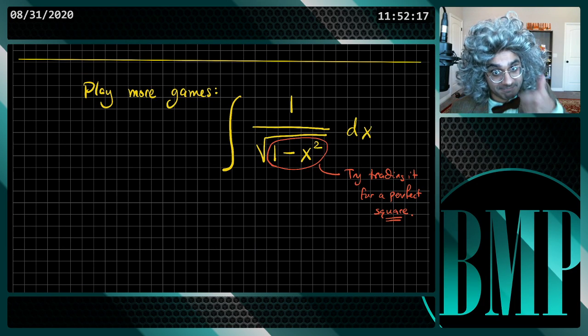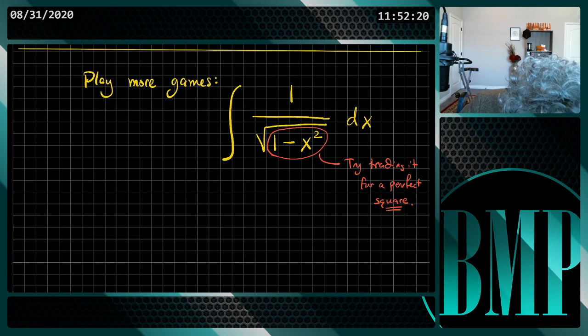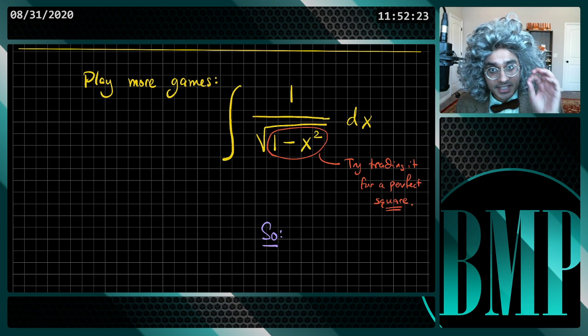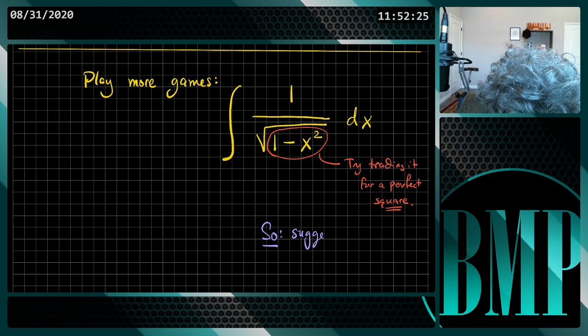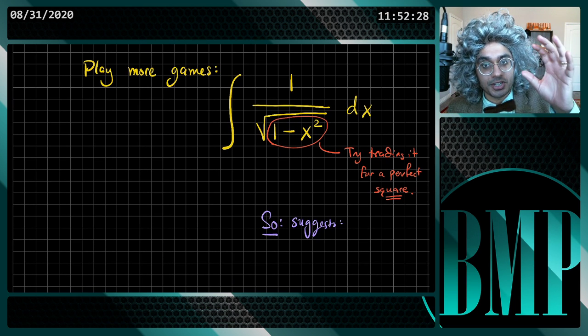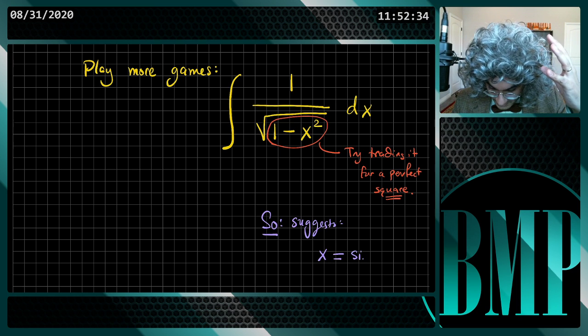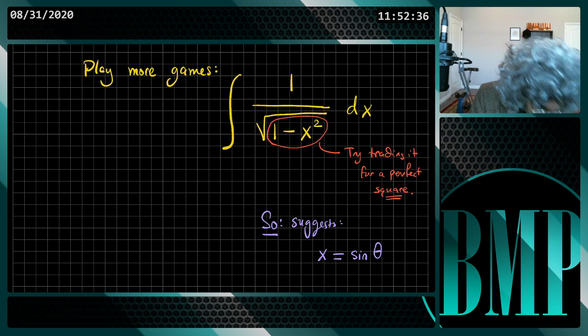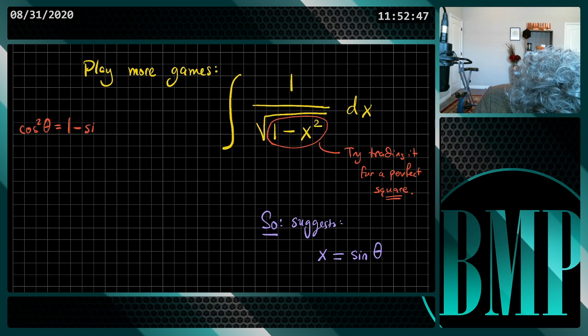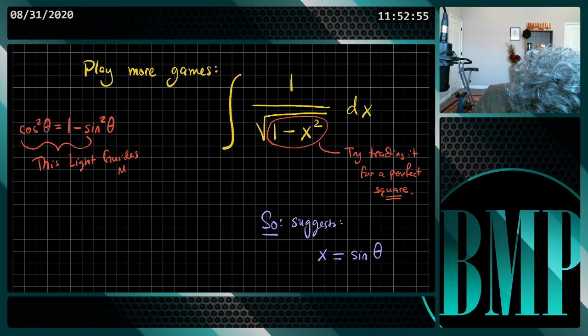1 minus a square. So this suggests the trig substitution. Inflate x into a whole trig function. Which one? Sine. Because I'm guided by this orange light.